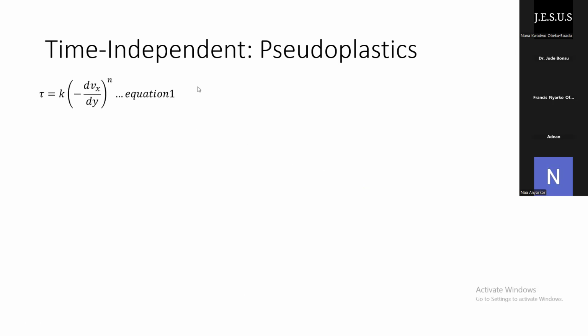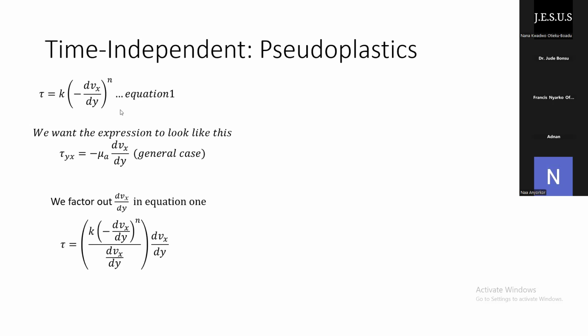So from the power law, if you want to write the expression to fit Newton's law of viscosity, which is the general case, which is tau, to write this in this format, you have to get something multiplying the dVx/dy. So factorize the dVx/dy out.